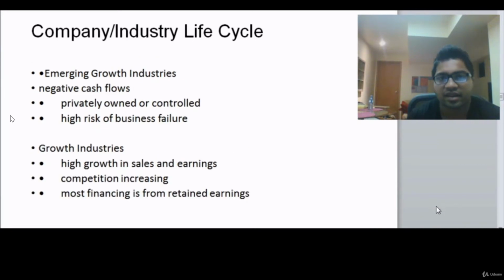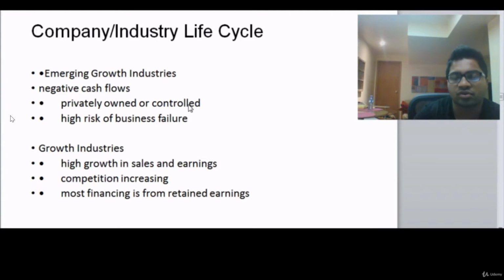So let's see. In emerging growth, these are new industries. So there is some new technology, there is R&D happening. For example, self-driving car. So commercialization has just started, right? But there is long way to go for a fully autonomous car. So companies that are researching in new tech generally have negative cash flows.